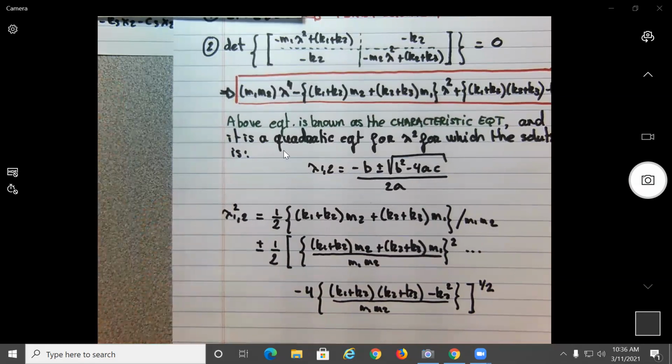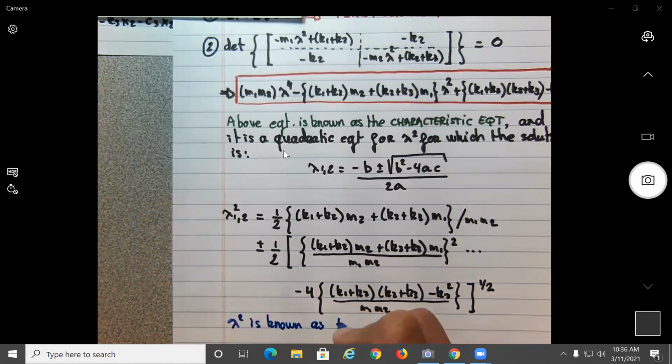So lambda square is known as the eigenvalue, which is a German name meaning proper value.